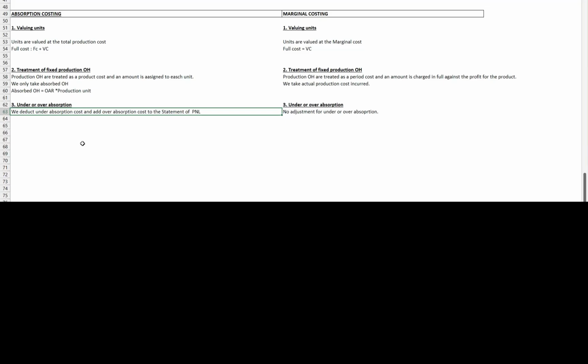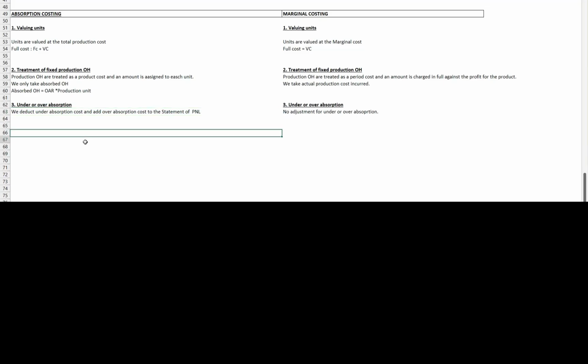But in case of marginal costing, there will be no such under or over absorption. So now how will we treat this under or over absorption which arises in case of absorption costing? If it is under absorption, we will deduct it from the statement of P&L. But if it is over absorption cost, in that case, we will add it. Right? We will come to this later on.